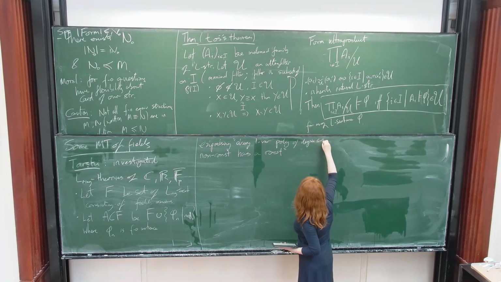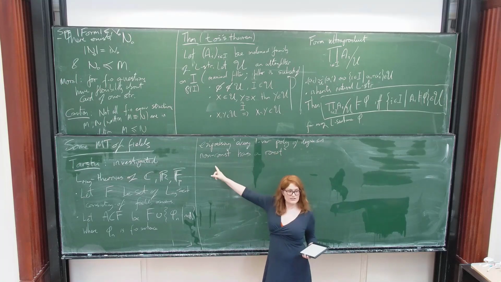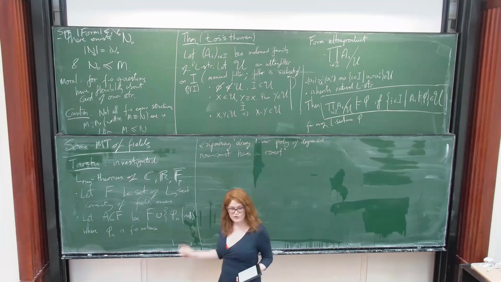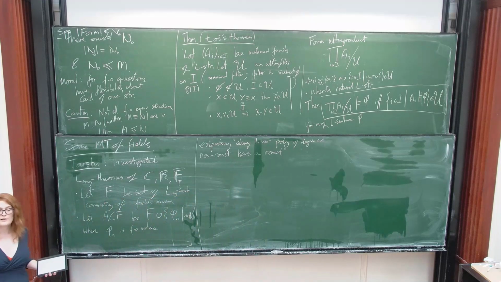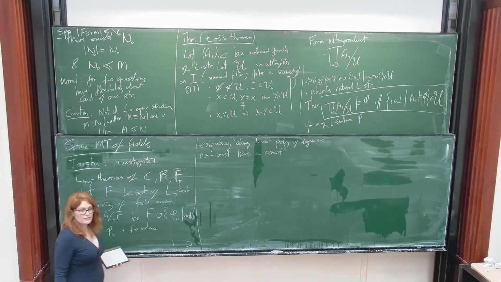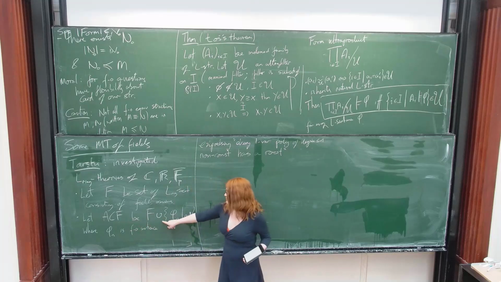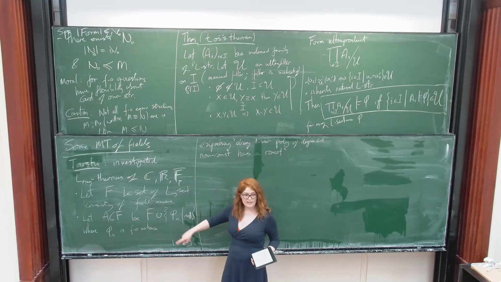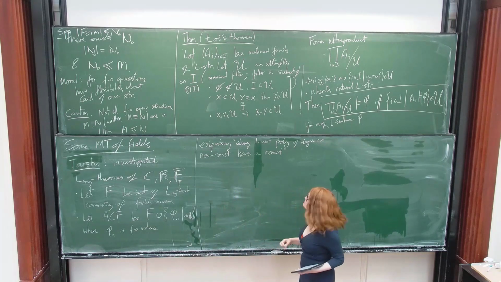Every one variable polynomial of degree at most n, which is non-constant, just to avoid some sort of trivialities. I don't want to end up demanding that 0 equals 1 or something like that. Has a root, right? ACF, this together with this, is a good candidate for some kind of theory of algebraically closed fields.